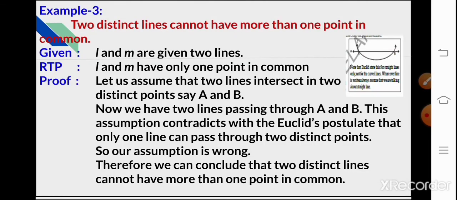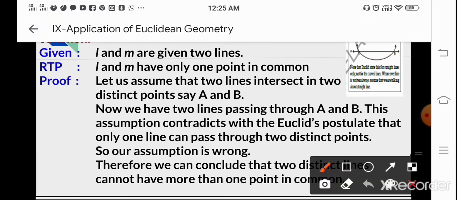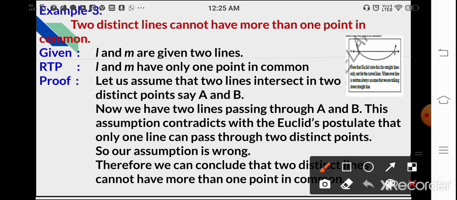See example 3. Two distinct lines cannot have more than one point in common. For this, we have to draw one diagram. Here M is a straight line and L is a curve.